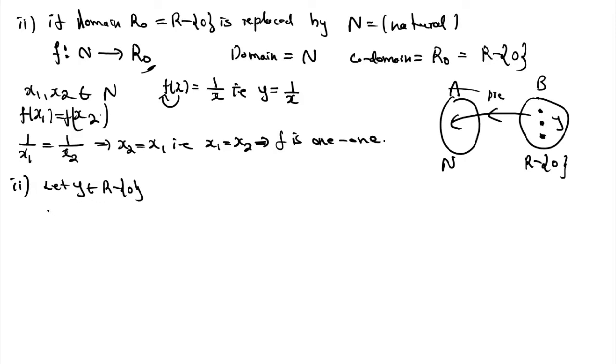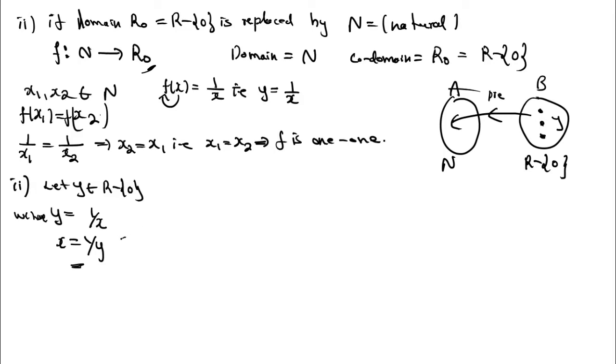Then see, we have y is equal to 1 by x, substituting the value. Then cross multiply, what will you get? x is equal to 1 by y. Check whether x equal to 1 by y belongs to the natural numbers or not.